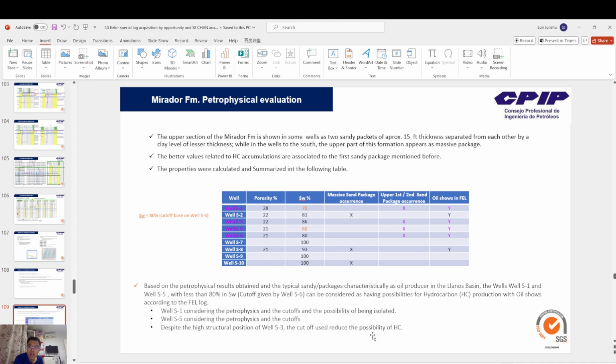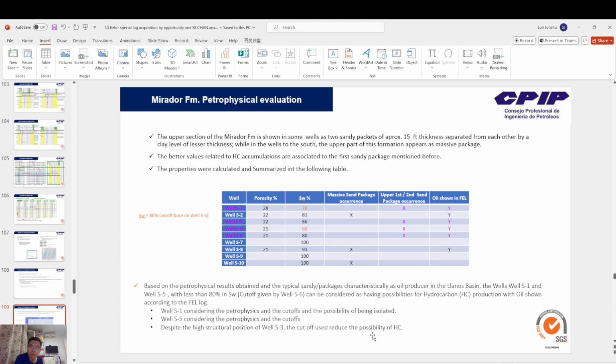Based on the petrophysical results obtained and the typical sandy package characteristic as oil producer in the Llanos Basin, the wells S1 and S5 with less than 80% water, cutoff given by the S6 well, can be considered as having possibility of hydrocarbon production with oil shows according to the FEL log.